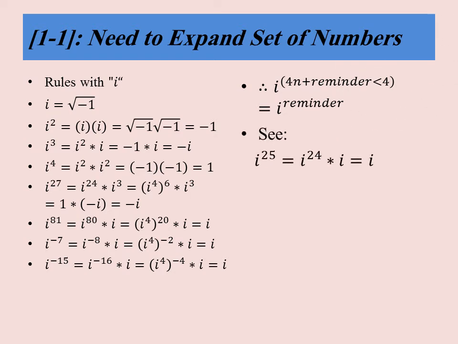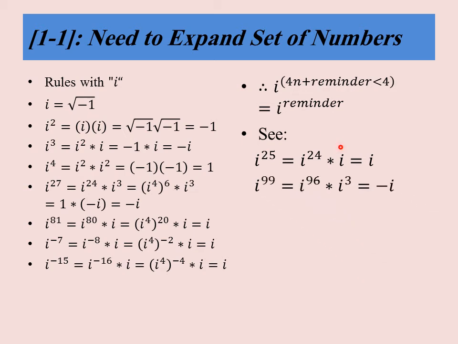We can see this example. We have i to the power 25, so we separate it into 24 and 1. And 24 is a multiple of 4, so directly I can say that this is just 1. And here are the details of it: 4 times 6, this is 1 raised to the power 6. And here we will have just 1, so the answer is i raised to the remainder, just i.